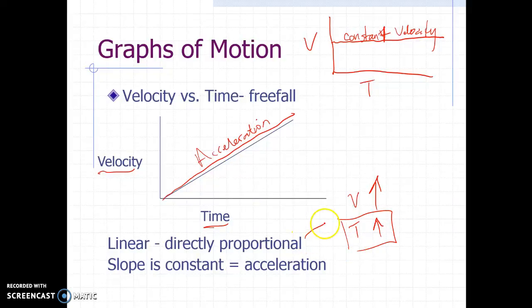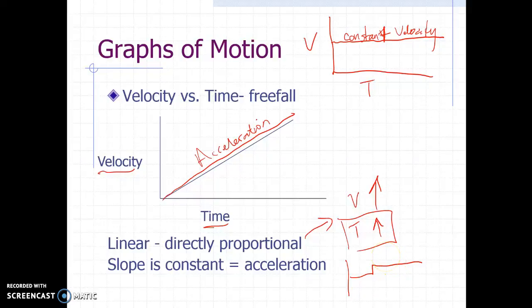This is a directly proportional relationship. When the slope is constant, it's an acceleration. All right, when the slope is all wiggly, like some of you had on a quiz and on the lab, that's just a change: you have a constant velocity, then you go to a faster constant velocity.